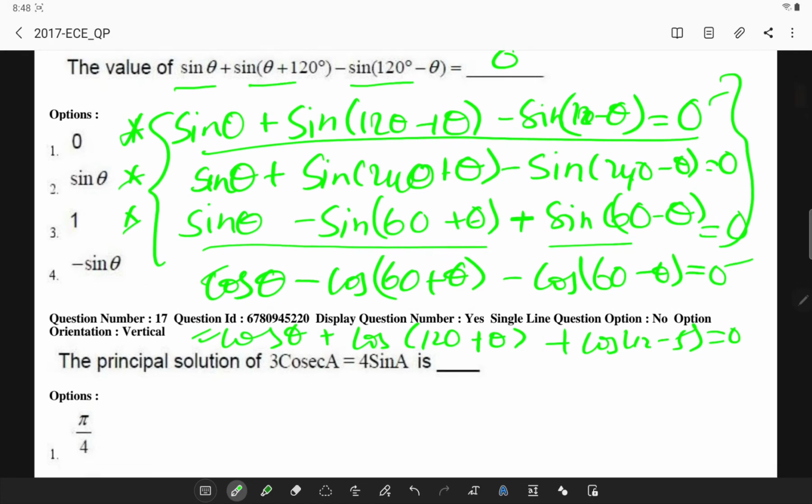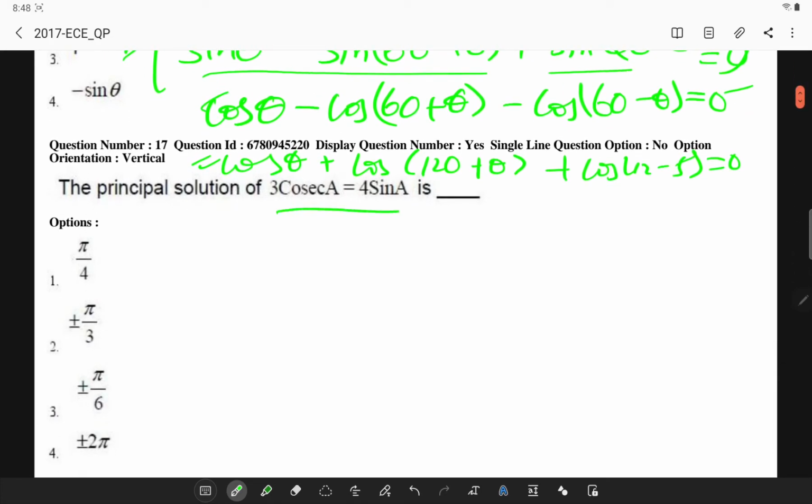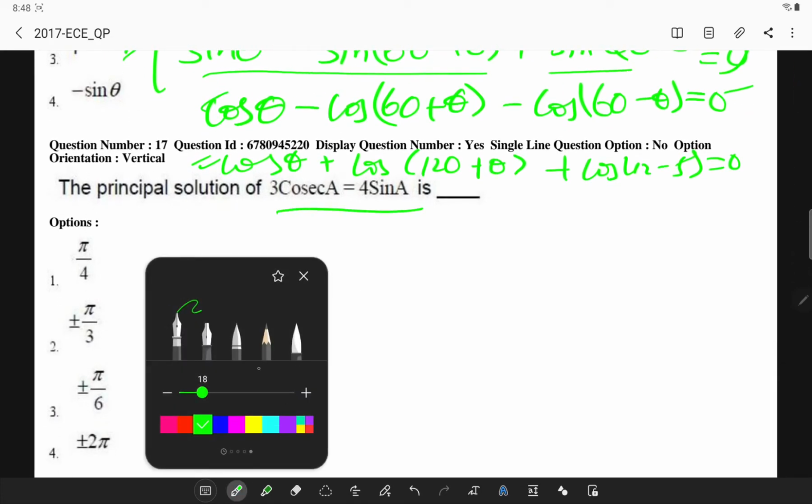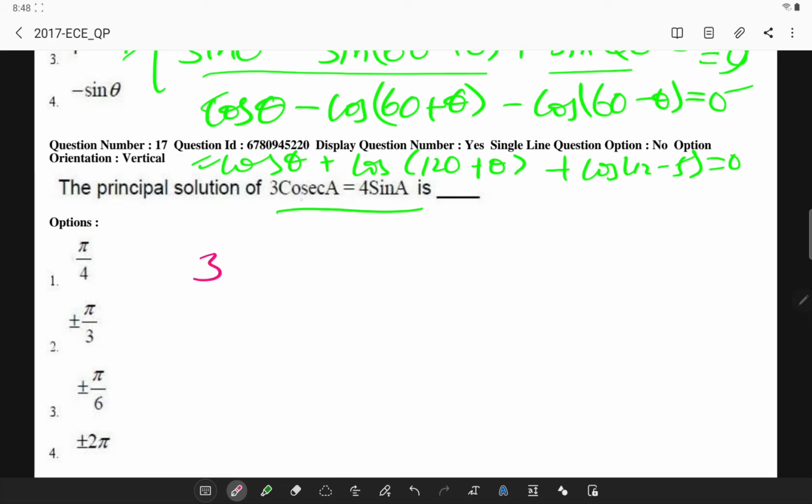So the next question, what is the principal solution of 3 cosecant A is equal to 4 sin A? So if I substitute cosecant A by 1 by sin A, this will be in terms of sin square.